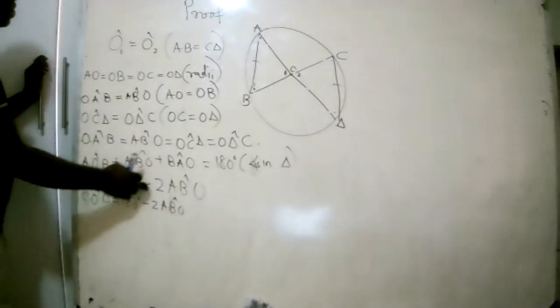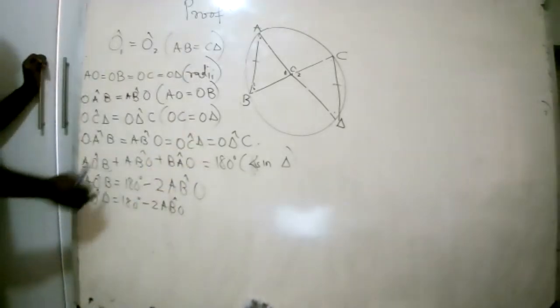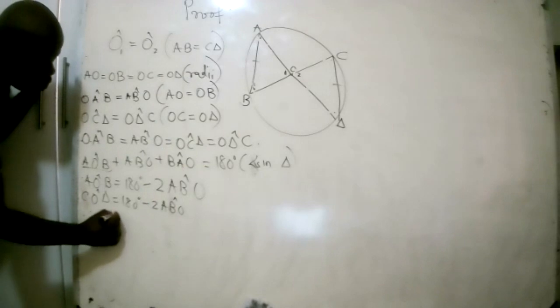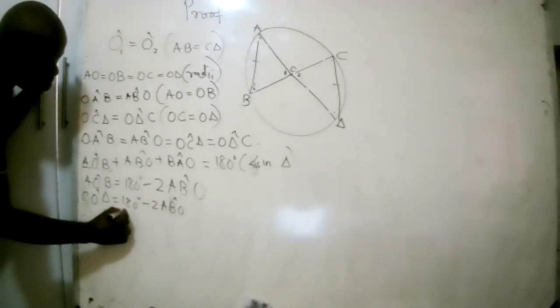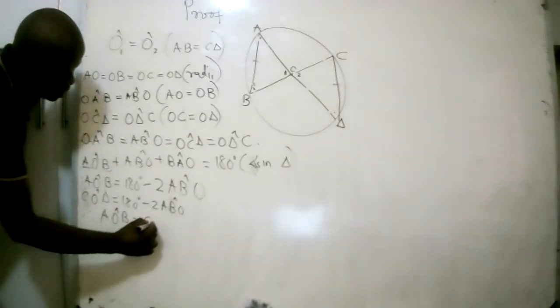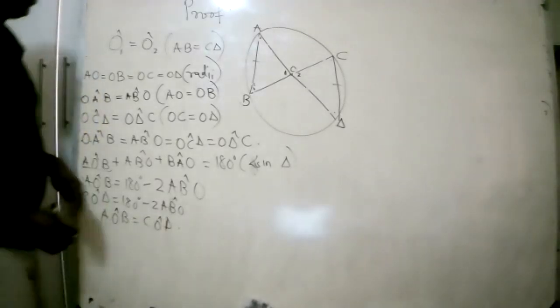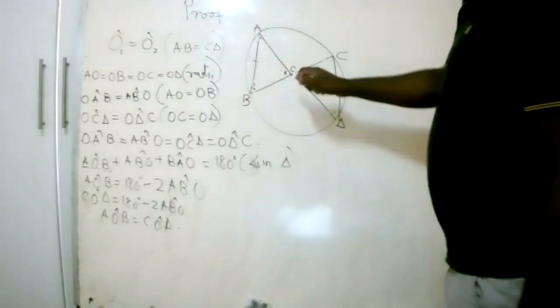So the right hand sides will be equal. And once the right hand sides are equal, we can conclude that angle AOB is equal to angle COD. And that is what we wanted to prove, that angle O1 is equal to angle O2.